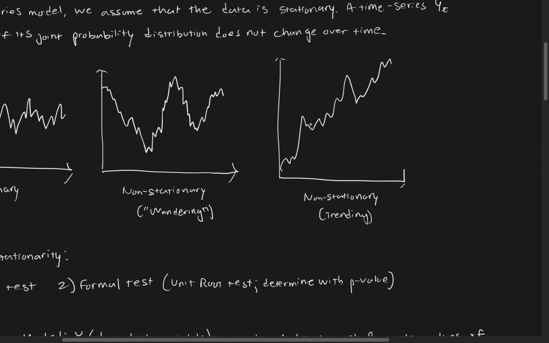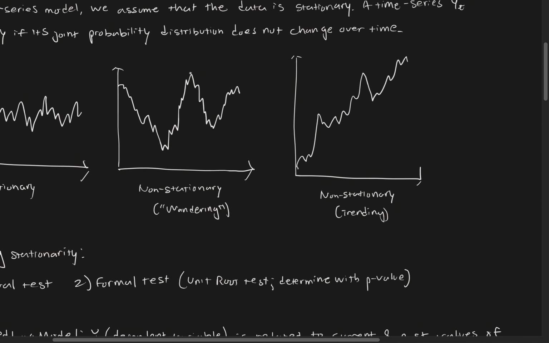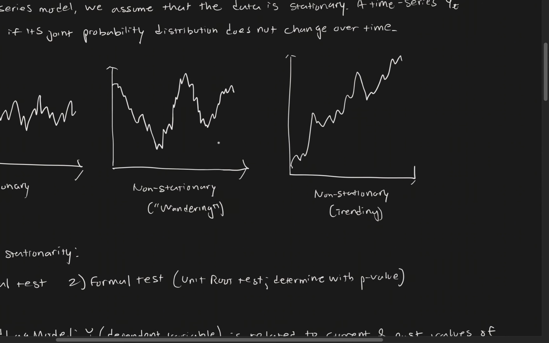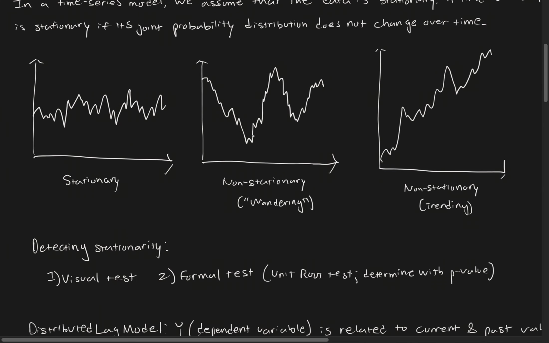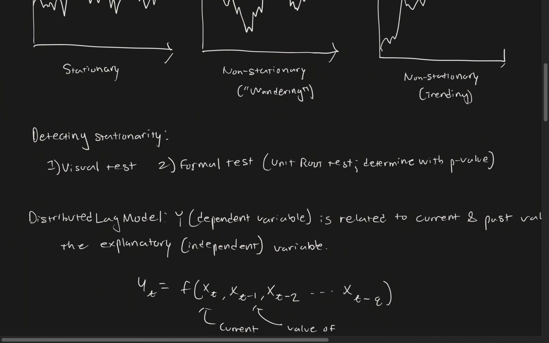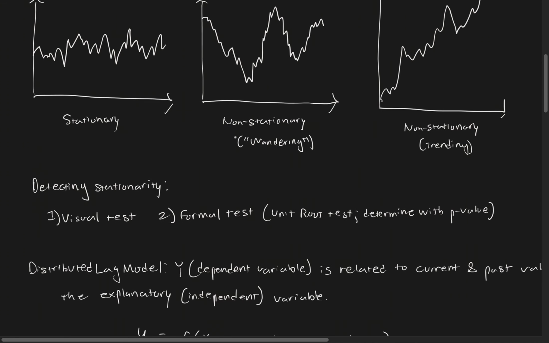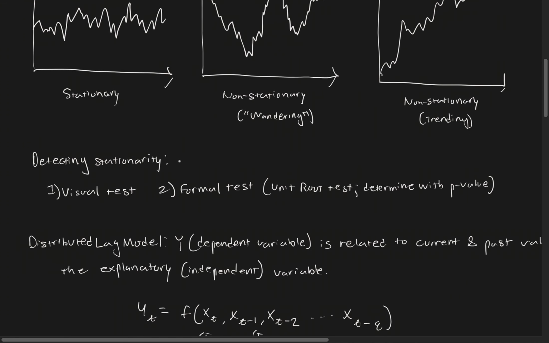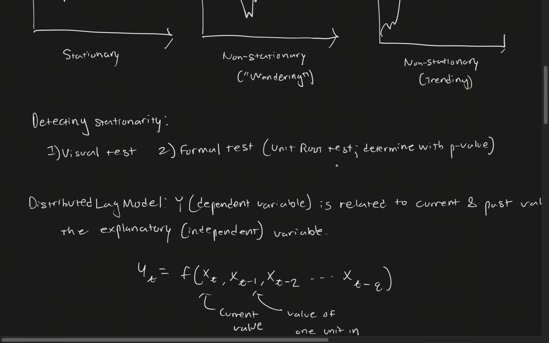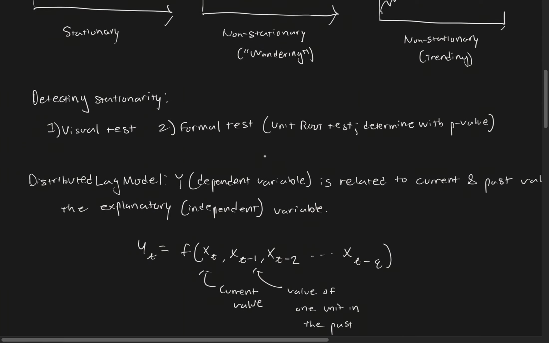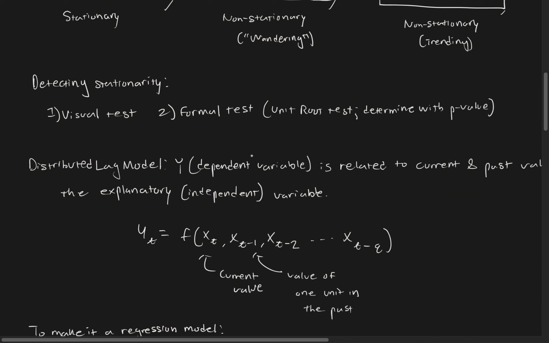Well, I guess it is in this case, but ideally we want our variance to be constant when we determine whether a graph is stationary or not, or when we try to make our graph stationary. And just like what we did here, we can always visualize our graph to determine whether it is stationary or not. But there are formal tests called the unit root tests. I'm not going to go over that too quickly, but it does use the p-value. So in the software, it should be pretty simple to run.